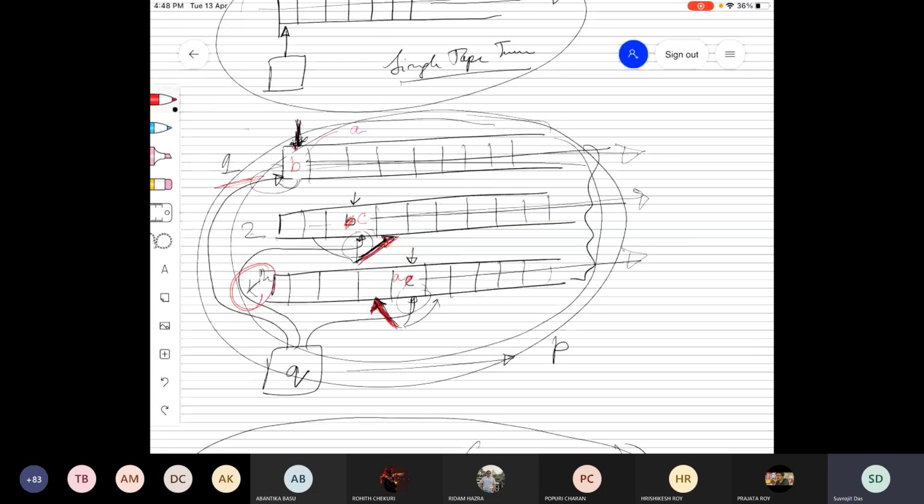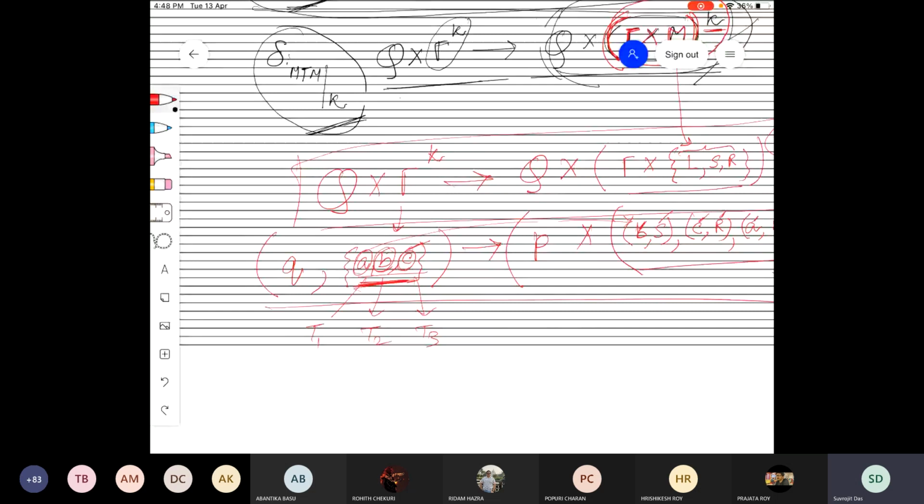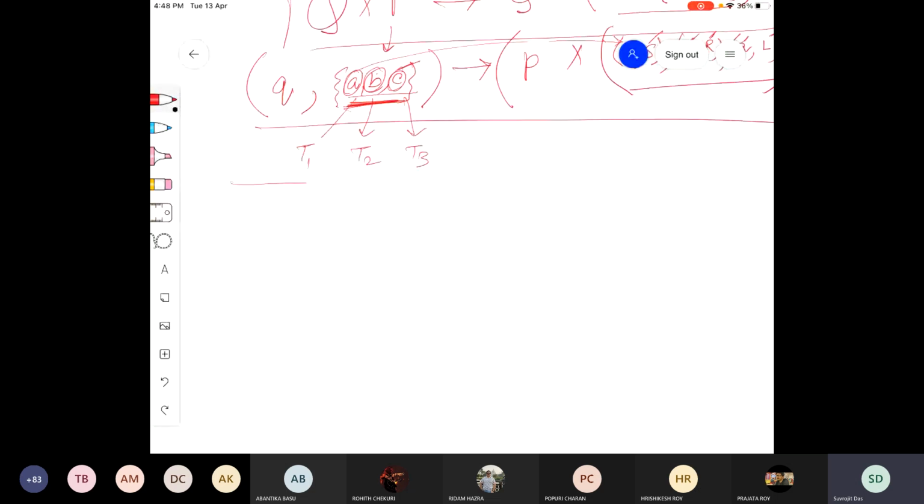I don't know how far I can go. Next class maybe I'll talk about why this was widely accepted as the most generic model of computation. How using this model of computation it was possible to define an algorithm, and how it was possible for us to define theorems like reducibility and many things, right?